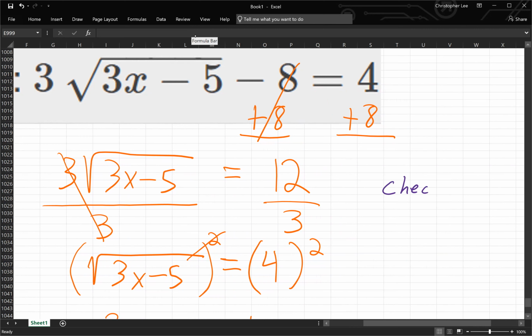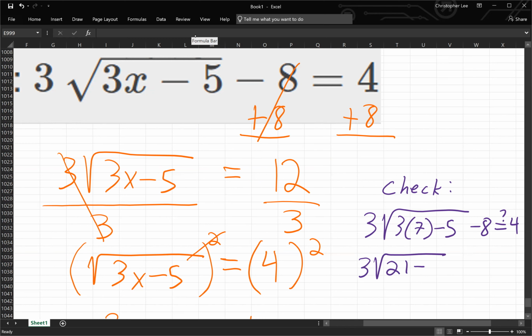So I want to check this, right? So I'm not sure if it's right. So I have 3 square root 3 times, what did I get? 7 as an answer? Minus 5 minus 8. Allegedly, that's equal to 4. I don't know if it is. We're going to see, right? This becomes 3 times the square root of 21 minus 5 minus 8.